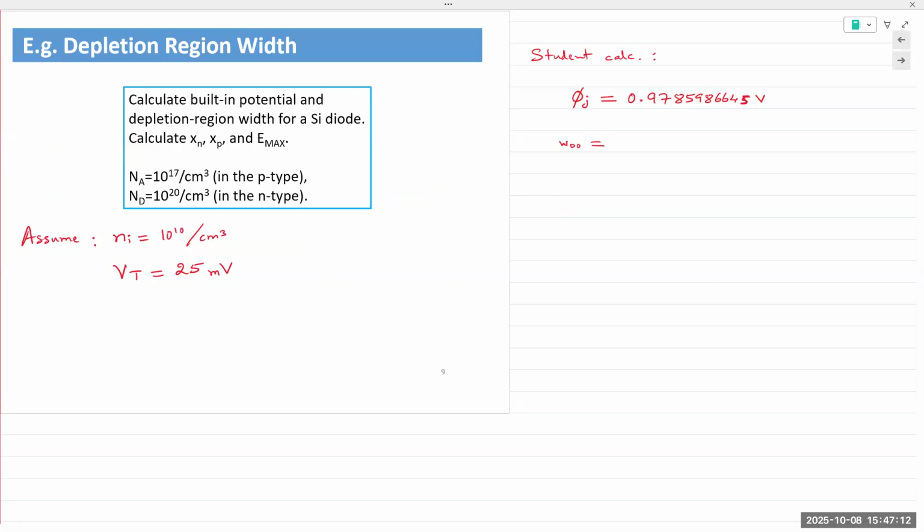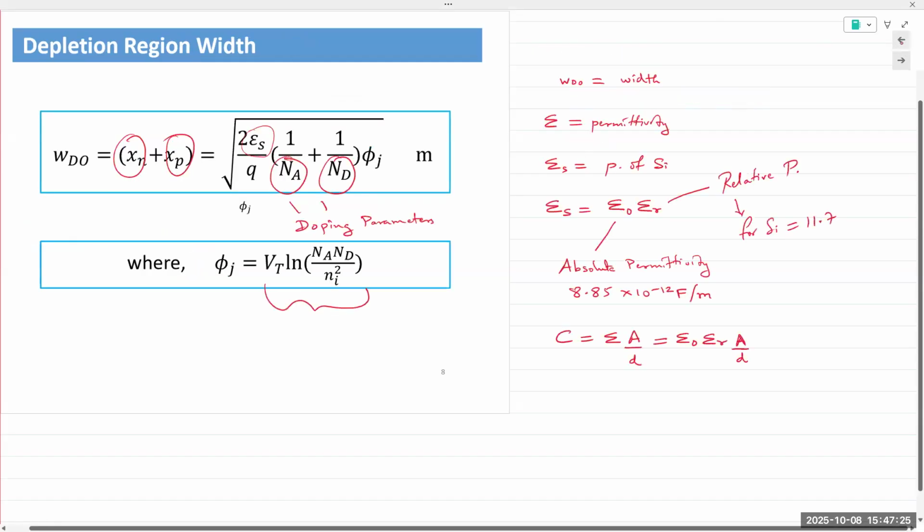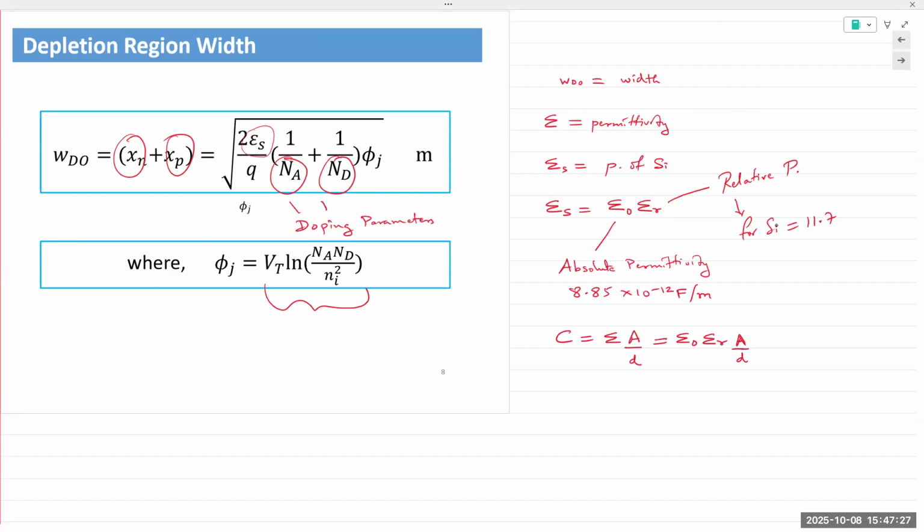Did somebody do a calculation? It's 11.7. So let me write it here. Actually, let's go back here. So for silicon, epsilon, sorry, not epsilon s. Epsilon s is epsilon 0 times epsilon r. Epsilon 0 is a constant. Epsilon r depends on the material.